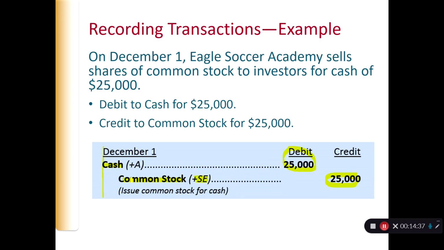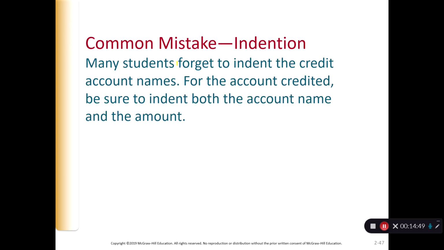And when you credit an account, the second line of the account has to be indented a little bit, and the amount has to be indented from each other. Students sometimes forget to indent the credit account name. For the account credited, be sure to indent both the account name and the amount.